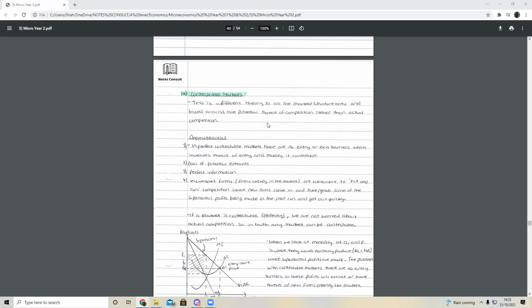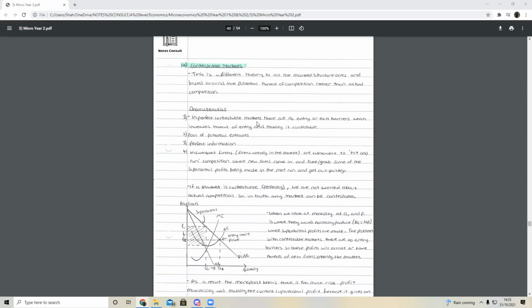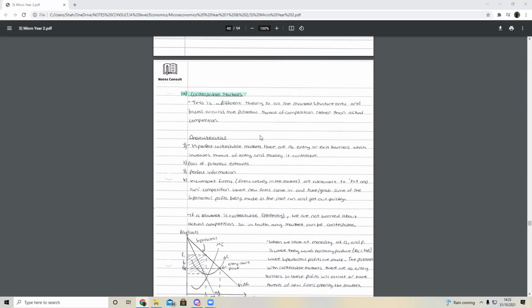Contestable markets, basically, this is quite easy. It's a different theory to all the market structures, based around the potential threat of competition rather than actual competition. So these are the characteristics.